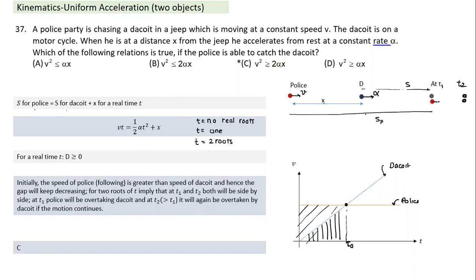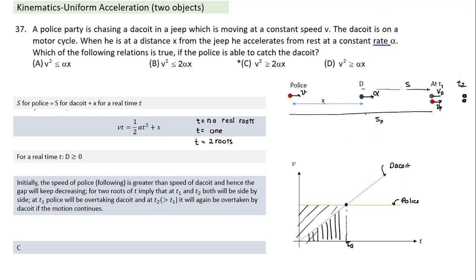The police has greater speed, because it is coming from behind and overtaking. After overtaking, since the speed of the dacoit keeps increasing, suppose he doesn't nab, they continue the race. At this instance, the velocity of the police is greater than the velocity of the dacoit, but it remains constant while the dacoit's is constantly increasing. Then slowly the dacoit will catch up.